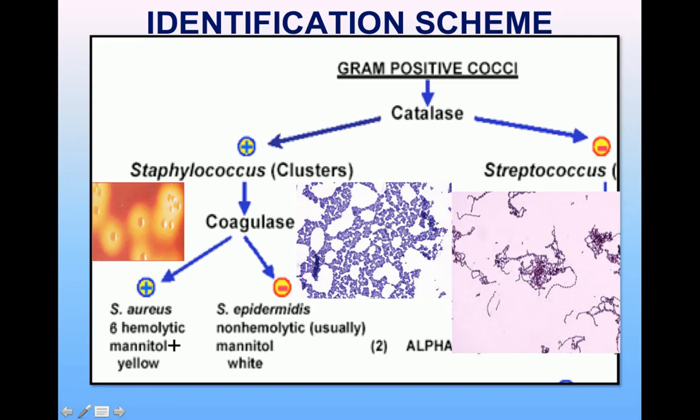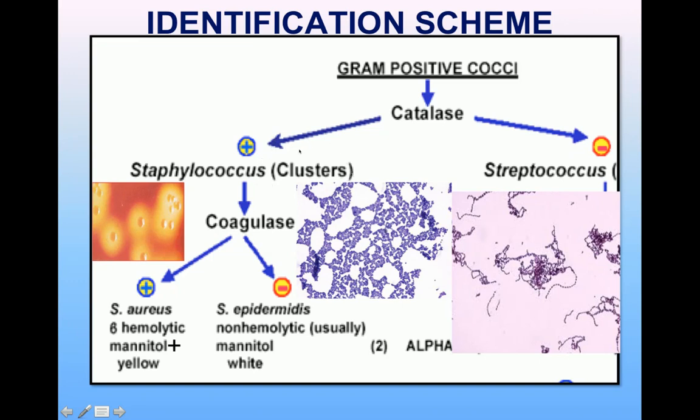Second is the microscopy. If on gram staining you see these grape-like clusters, they are staphylococci, but if you see these gram positive chains, they are streptococci.